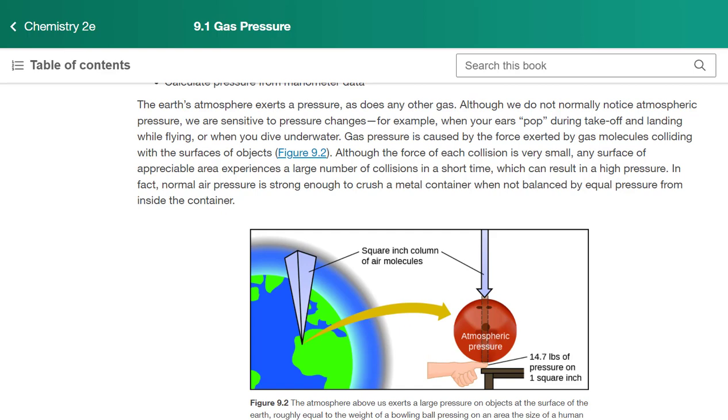If we were on a planet without an atmosphere, we wouldn't have that pressure, but we also wouldn't be able to breathe. So it's kind of a trade-off. It turns out that the atmospheric pressure that we live in is equivalent to having a bowling ball on your thumbnail. So that's the pressure we are always living in.